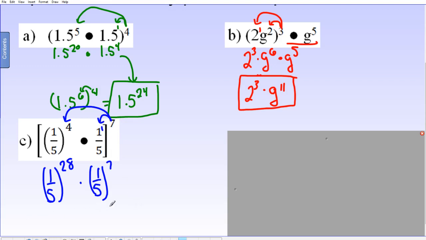And this looks like one of our previous examples from a while back, but we're just going to add the exponents together. I've got two powers with the same base. That's important. They have to have the same base. Then I can just add the exponents together. So this becomes 1/5 in parentheses to the 35th power. 28 plus 7, 35, yeah.